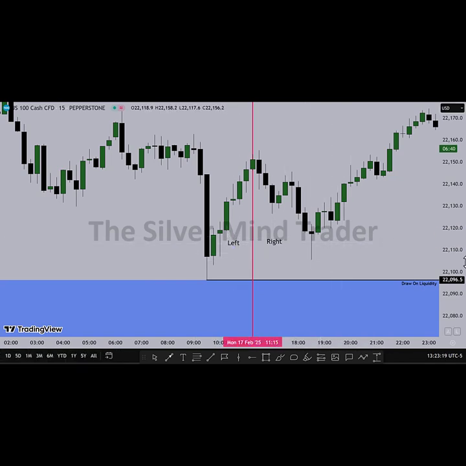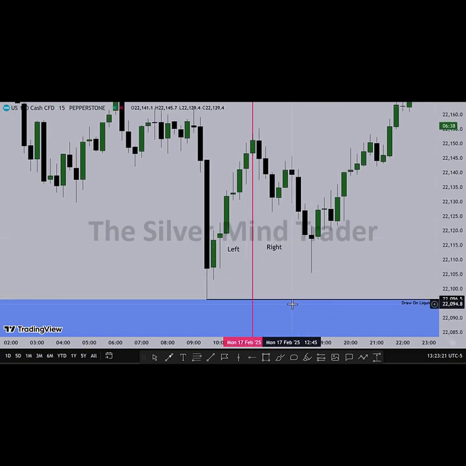So a high probability draw on liquidity is when you have the low by the left and the low by the right, and the low by the right has to be in a very, very close area to where this low is.